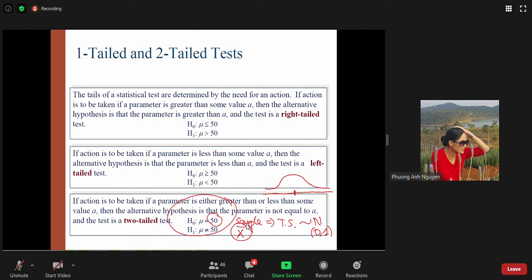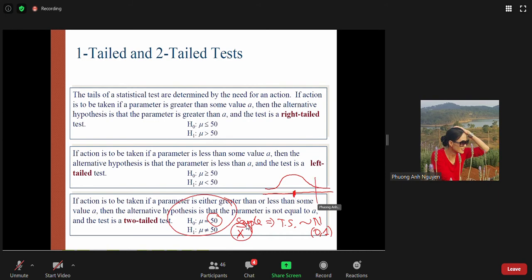If x bar is far away from 50, clearly you have the feeling that we would like to reject H0. When x bar is close to 50, we calculate the score corresponding to the test statistic. Actually, we want the test statistic to be close to 0, so we don't want it to be far away from the mean.